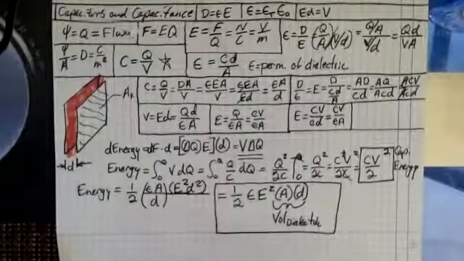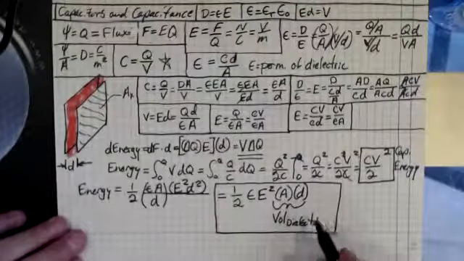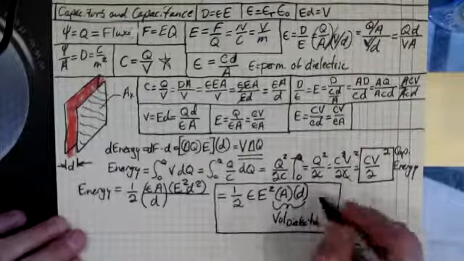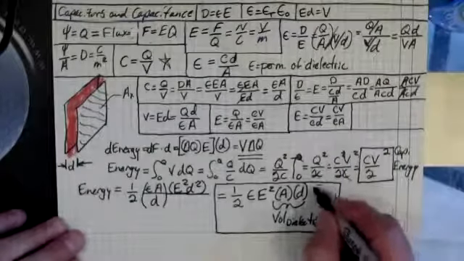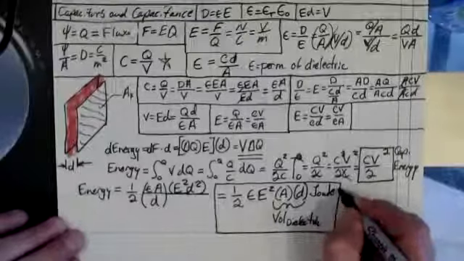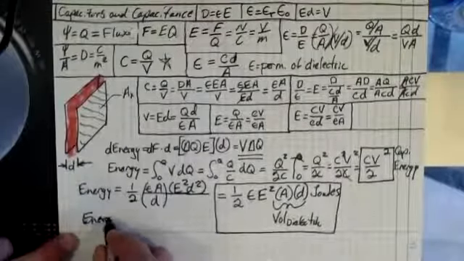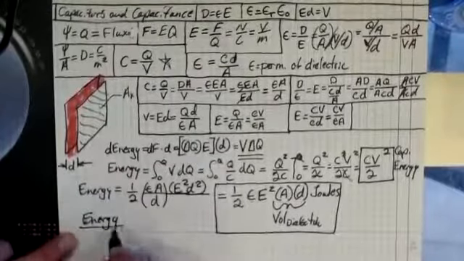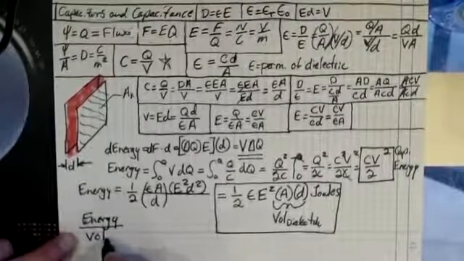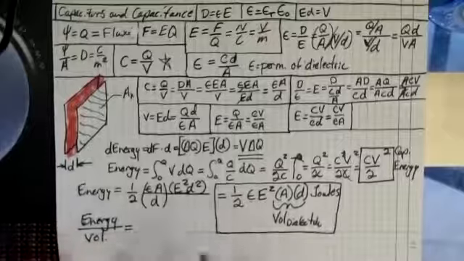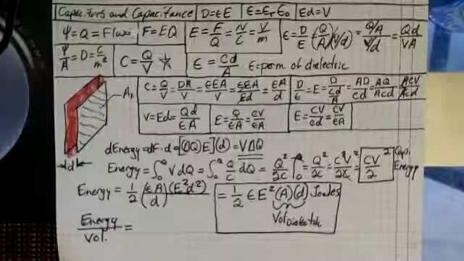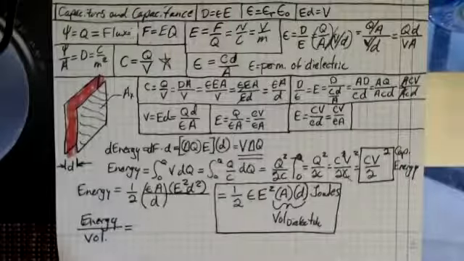But okay, now, what would this be in? Right? This is energy, right? So this is joules. Now, what if instead I wanted to find out what was the energy per unit volume? That's important, isn't it? I mean, if we had to use lead acid batteries, could we ever have electric cars?